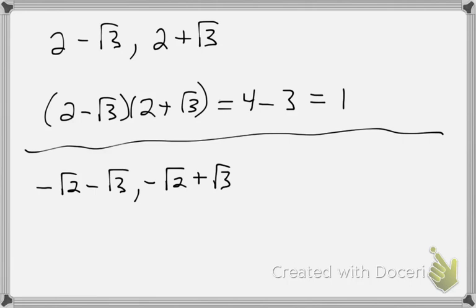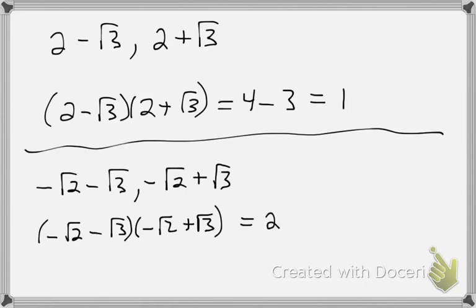Why? Because again, let's multiply these conjugates together. We get 2 minus 3, which is negative 1. Do you guys agree? Is that okay?